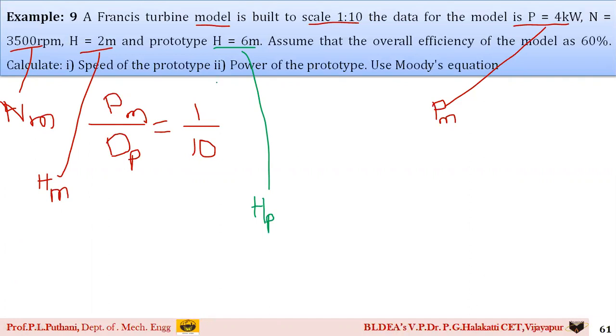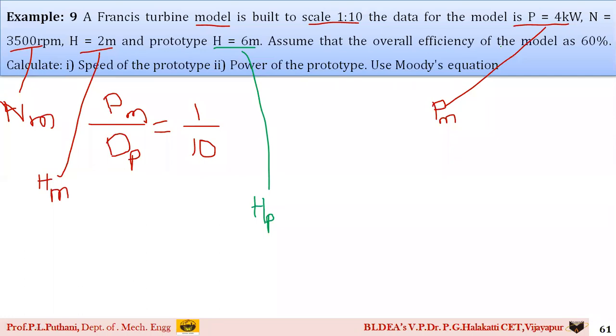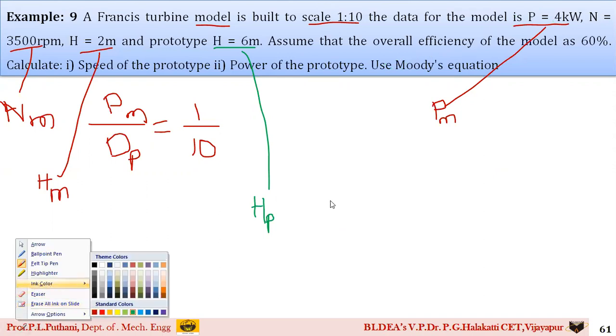And the next sentence he has said is that we need to assume the overall efficiency, and as given in the question, it states the overall efficiency of the model as 60%.